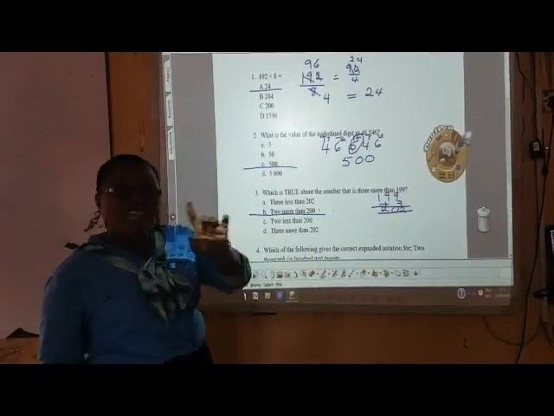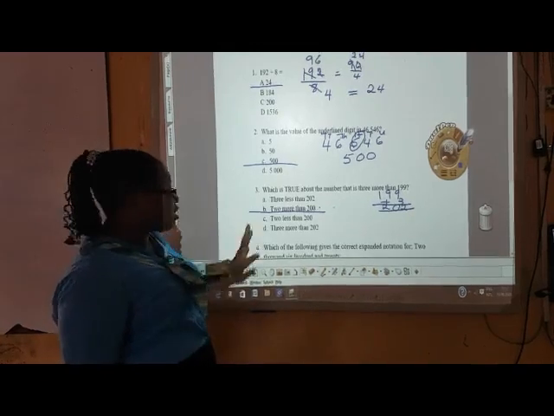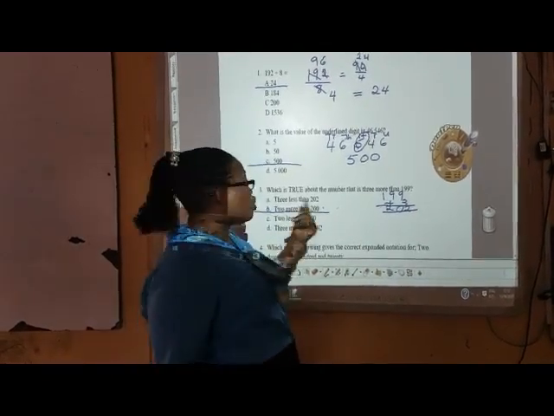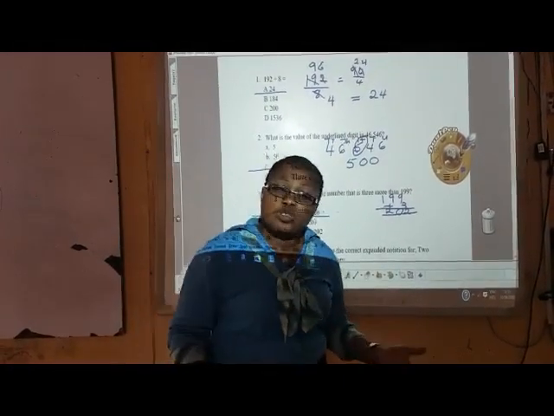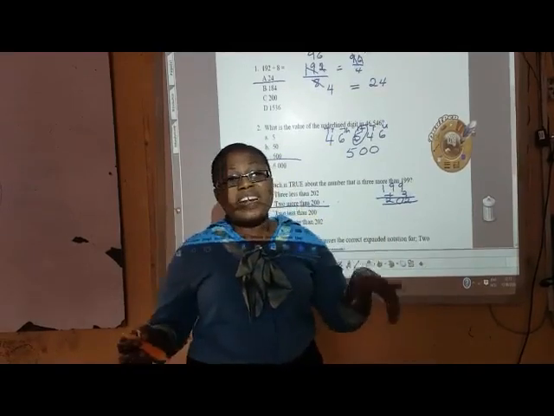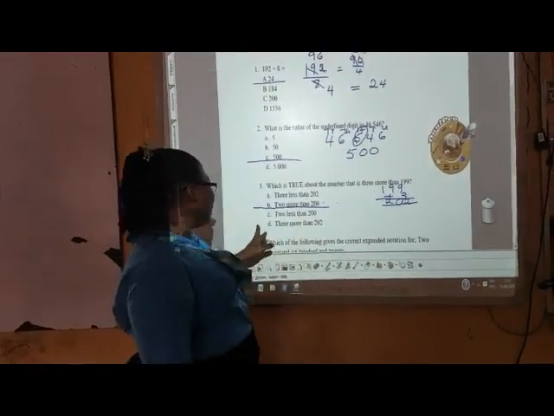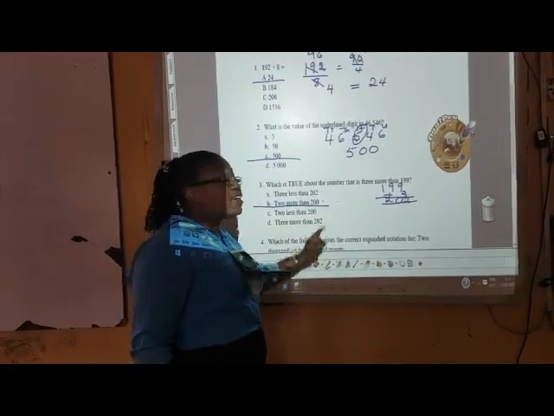But I will need to explain the remaining options so that you know the interpretation. 2 less than 200 means that you subtract 2 from 200, and when you subtract 2 from 200, we have 198. So the statement is false. Then the last option, 3 more than 202.